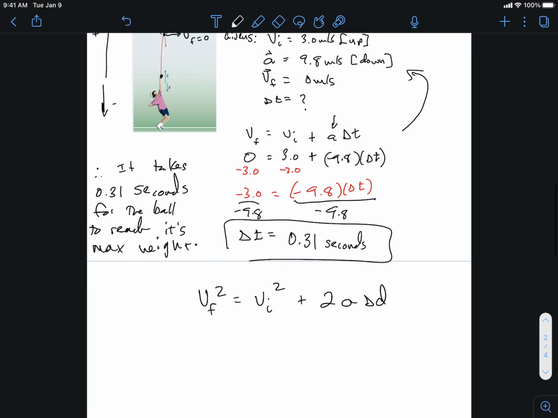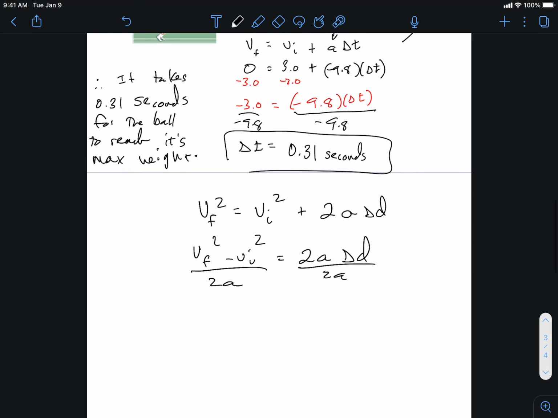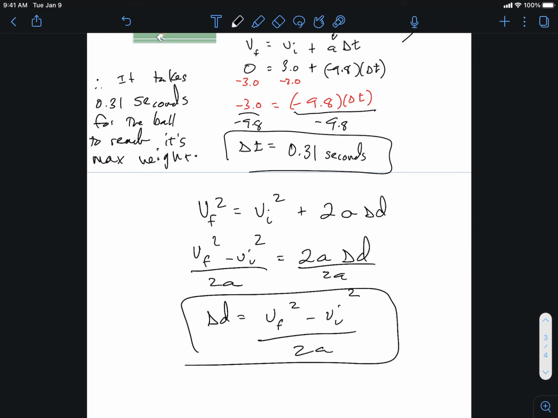If I want delta D by itself, VF squared minus VI squared is equal to 2A delta D. I could divide both sides by 2a. So delta D is equal to Vf squared minus Vi squared divided by 2a. And you would get a number for how high the ball actually traveled.